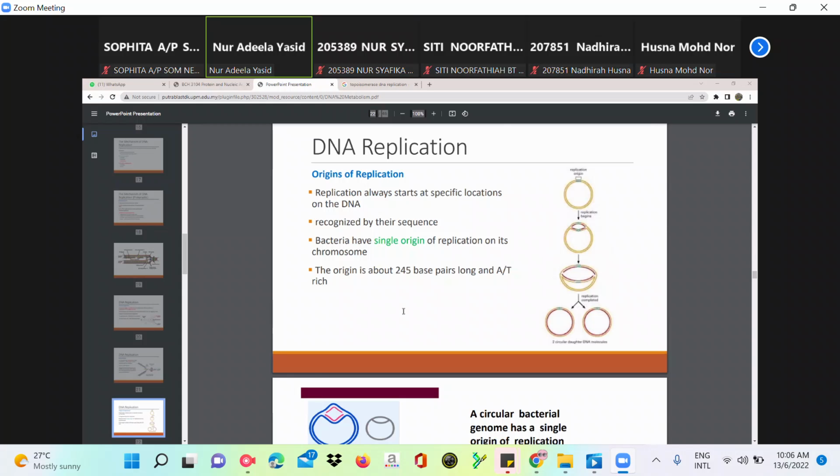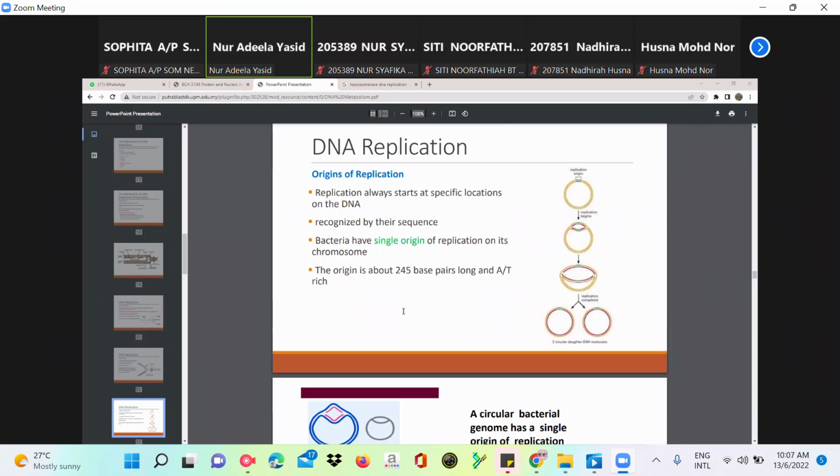In order to clone it into the E. coli system, I have to know where the origin of that E. coli system is, and where the cloning site is. So I need to know that. Because in our system, our cells can identify a specific location where the replication process can be initiated. These origins can be recognized by the sequence.